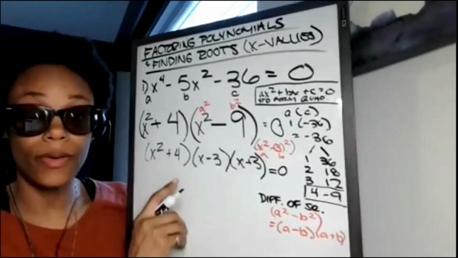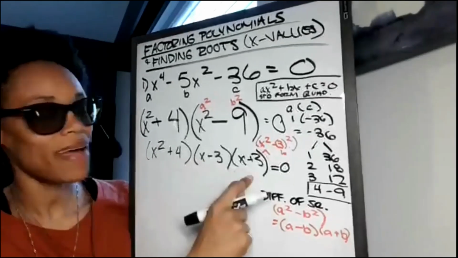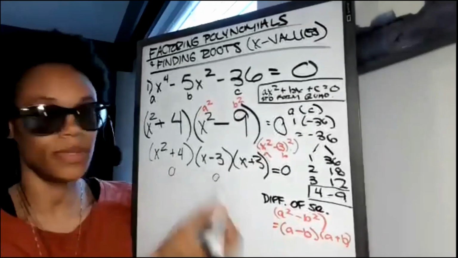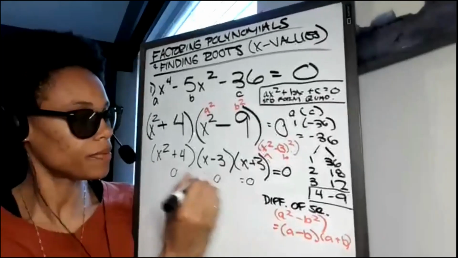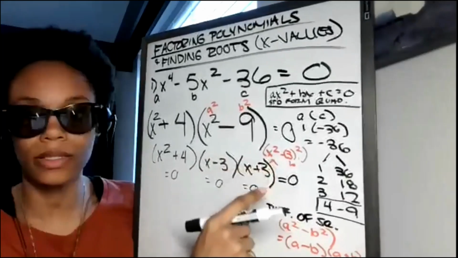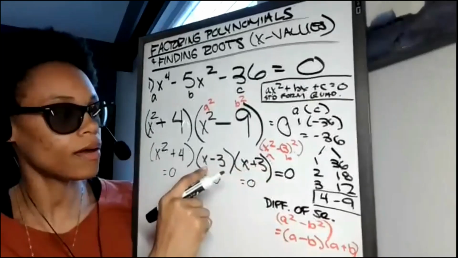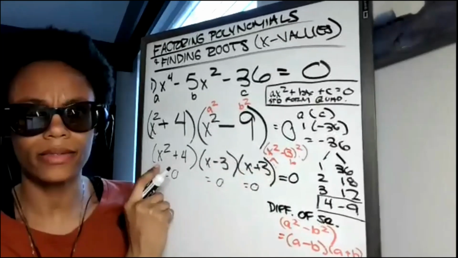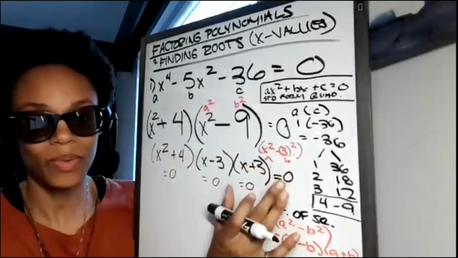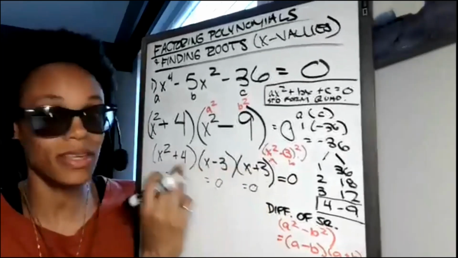So from here, though, we have these factors where if any of these factors in parentheses were set to 0, we could solve for x. Because if this was 0, multiplying it by these two factors, it would be 0.